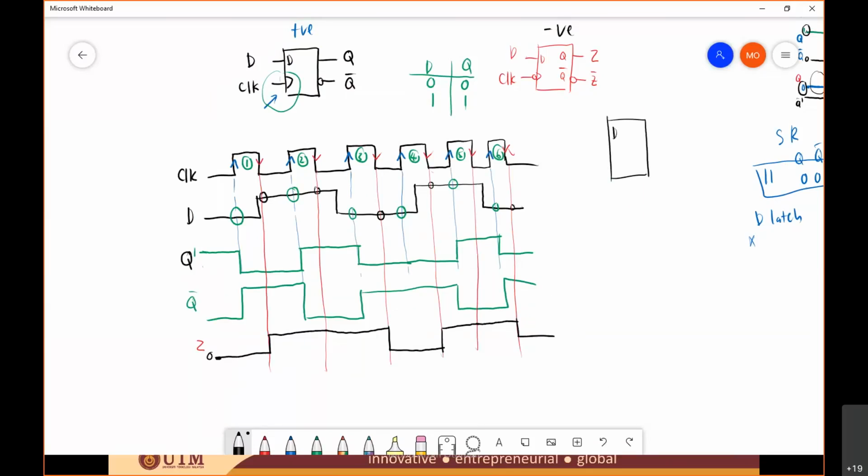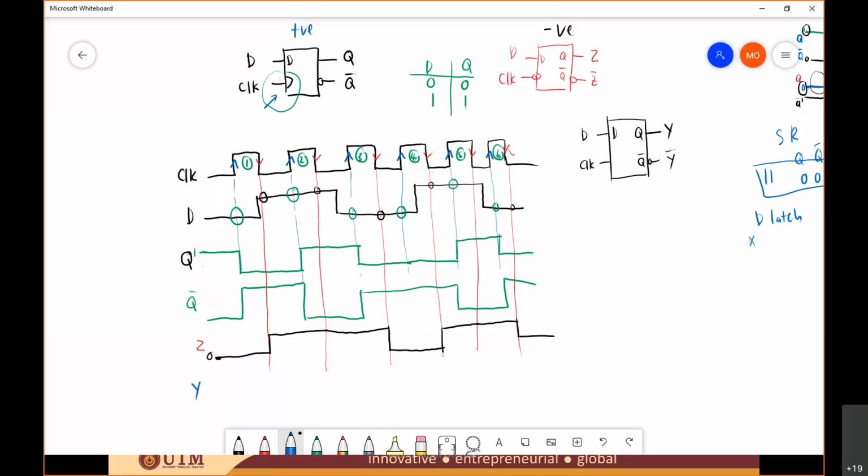So this is my D latch. So see what happened. Q and Q bar. So this one saya jadikan dia sebagai output Y, sambung kepada Y bar. So now I need to find out what is my Y. Cari apakah saya punya output Y.